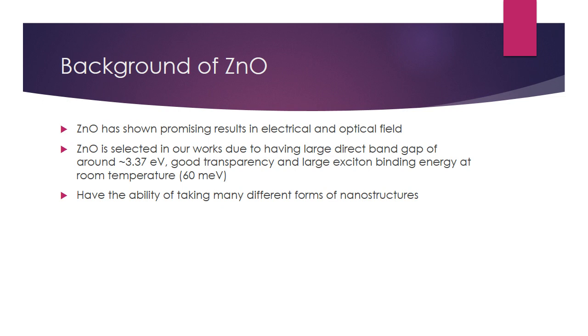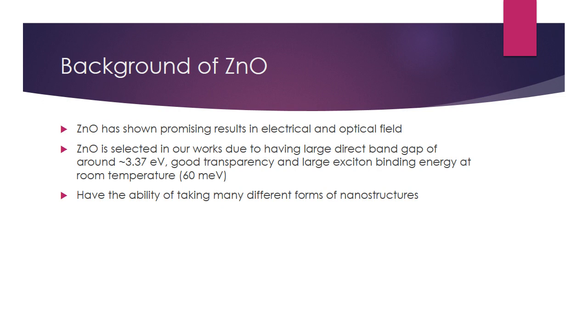Okay, let's have a little background about zinc oxide. Zinc oxide exhibits a large and direct bandgap of around 3.37 electron volt and a large exciton binding energy of 60 milli-electron volt at room temperature. Furthermore, zinc oxide has the ability of taking many different forms of nanostructures, such as nanobelts, nanoflowers, nanowalls, and nanorods.